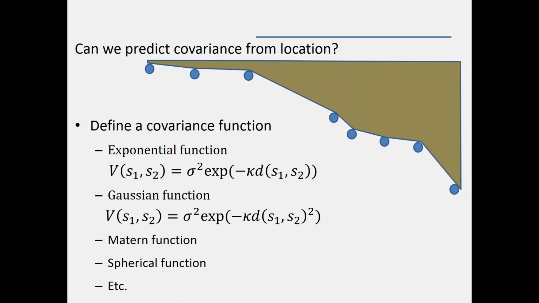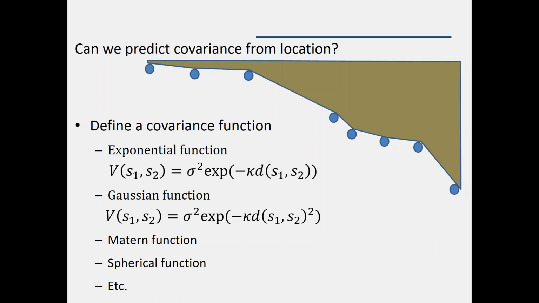And the sill, I think the sill is just sigma squared. And it doesn't have a nugget. You could generate a nugget from an additive covariance function, where you have a covariance function with no nugget, and then you've just got some random error associated with every observation.